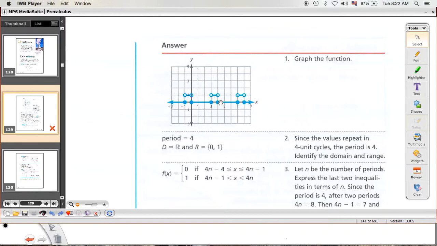And right here we start the second cycle, so that's when n equals 2. And then we'll start the third cycle, that's when n equals 3. And this is the negative first cycle, so n equals -1, and so on and so forth. Or actually, I guess that would be the 0 cycle. The 0 cycle. So look over this, pause it, make sure you've got this, own it, and then we can move on.